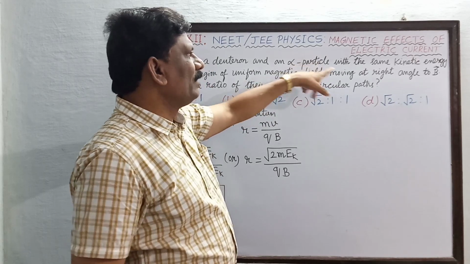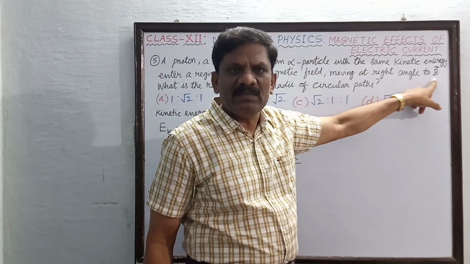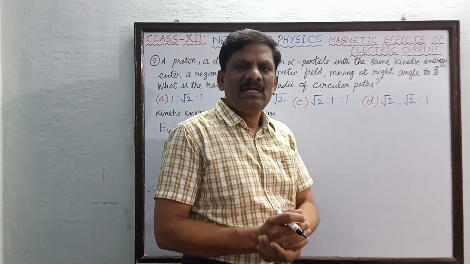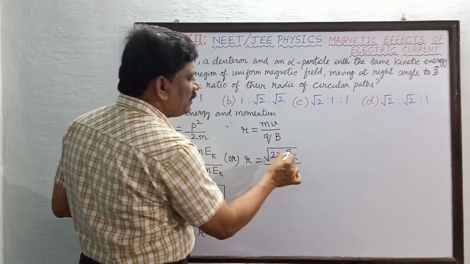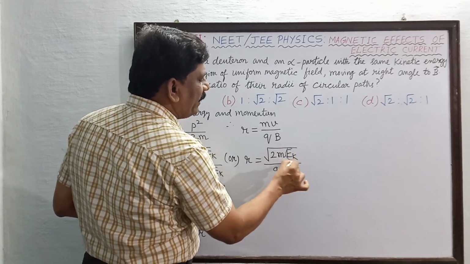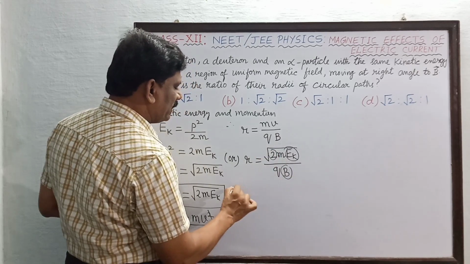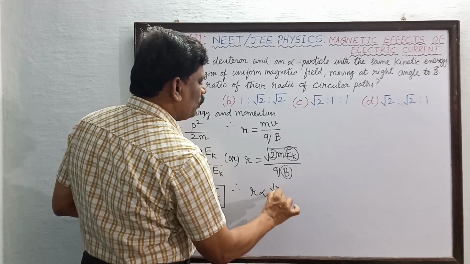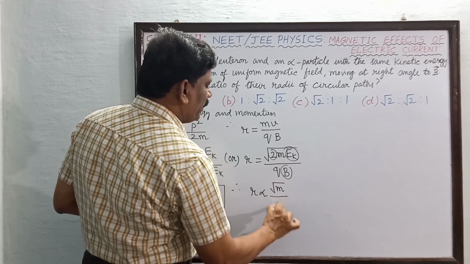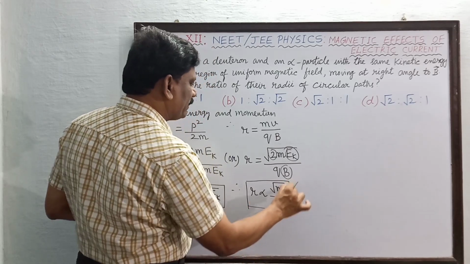Now read the problem. They all travel with the same kinetic energy in the same field B. So B is the same and the kinetic energy also is the same. Kinetic energy is constant, B is constant, 2 also is constant. Therefore R is proportional to square root of m divided by q.